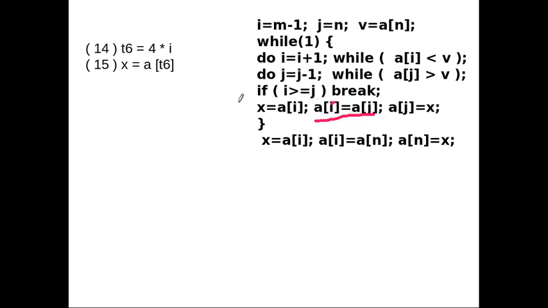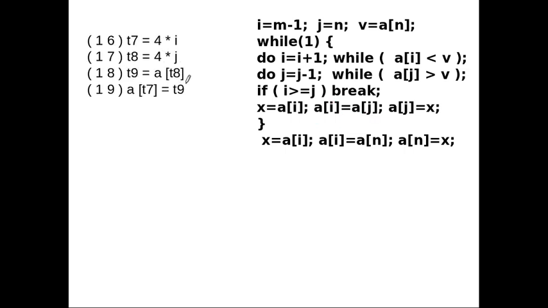Okay, now observe how many temporary variables we are using till now. 6. So the 7th one is 4 into i, the 8th one is 4 into j, and the 9th one is a of t8, nothing but a of this index. This index is given by t8. Now a of the ith index is given by t7.